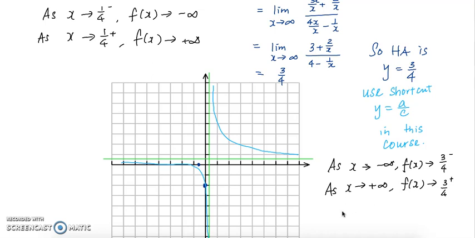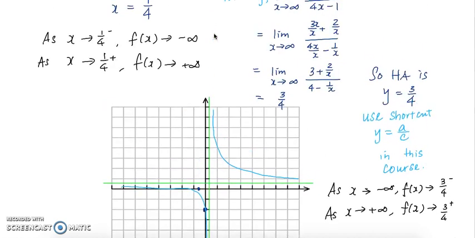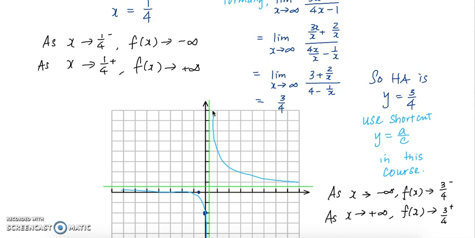When you put all four of these features together to make your graph, here are your intercepts, these 2 points here. You have your horizontal and vertical asymptotes, and then the behavior of your function on the right side of your VA is positive infinity, and on the right side for your HA, it's above the horizontal asymptote, which gives you this branch.